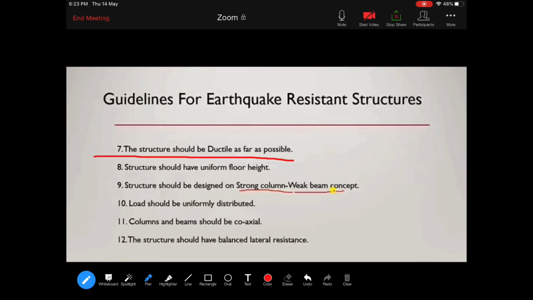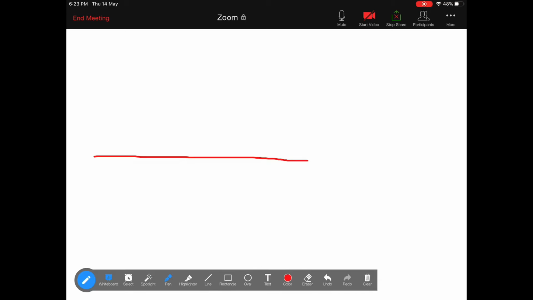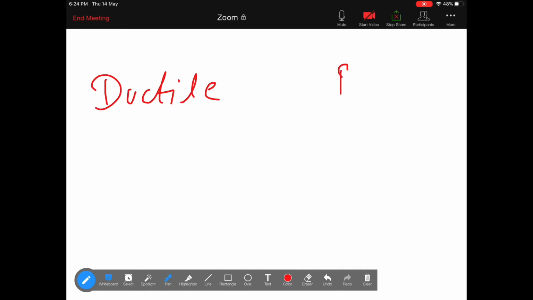So next one is, the structure should be ductile as far as possible. Ductile and brittle are properties of a material. See here, I will explain what is ductile and what is brittle material.